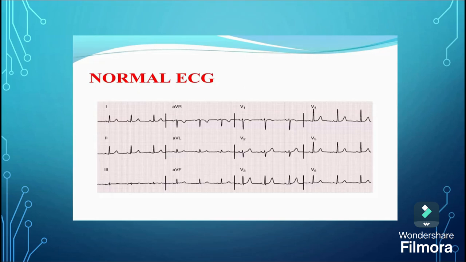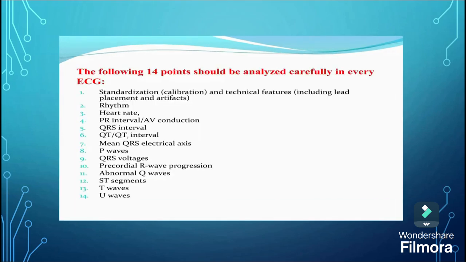Again, the full picture: 1, 2, 3 limb leads, augmented leads, and V1, V2, V3, V4, V5, V6. These are precordial leads. These are the points to be analyzed carefully in every ECG.